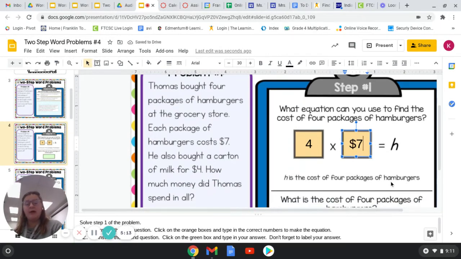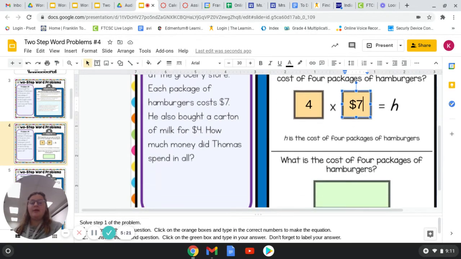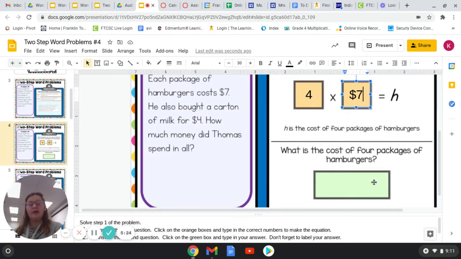So this is my problem right now: 4 times 7, and I don't know my answer yet, so we're just going to put H there. But if I actually solve this, 4 times 7 equals 28. And remember, since we're talking about money, we have to add that money sign in front. So he spent $28.